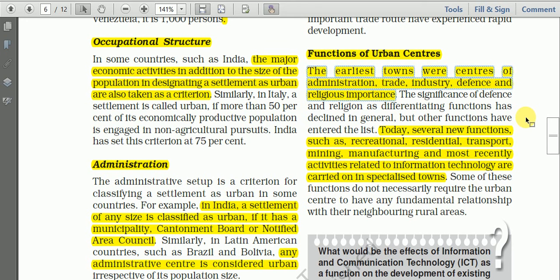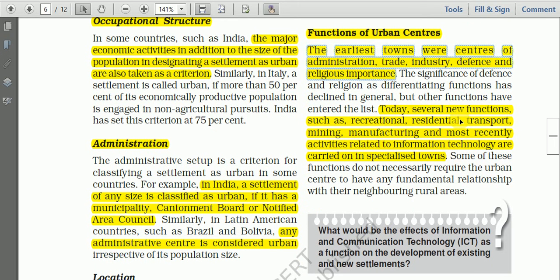So these were the functions in the early cities and towns. Early cities and towns performed the function of administration, then trade, industry, defense, and religious purposes.